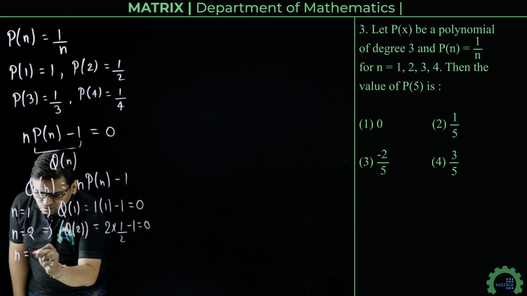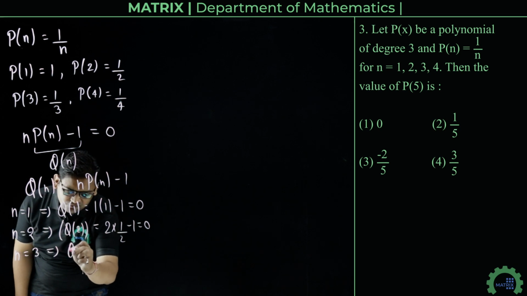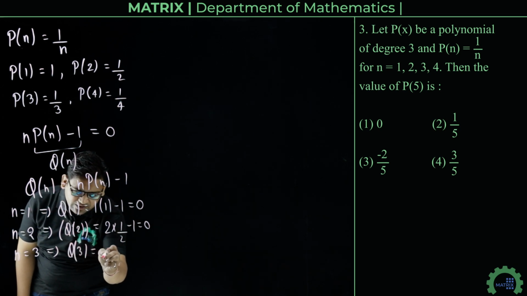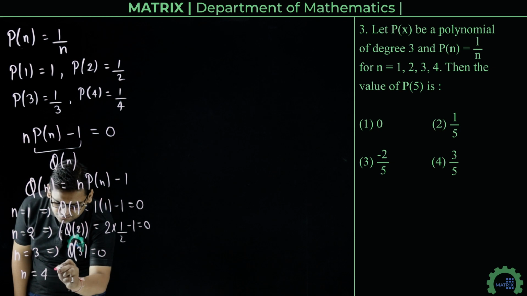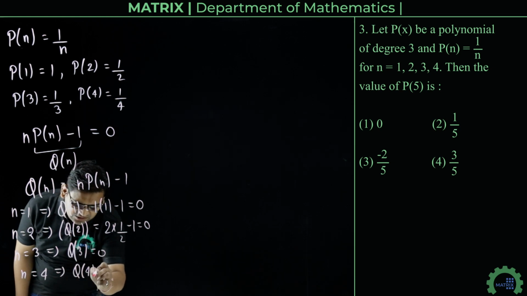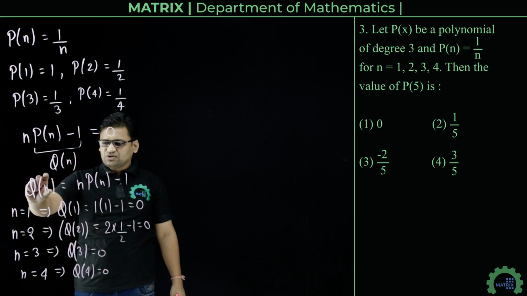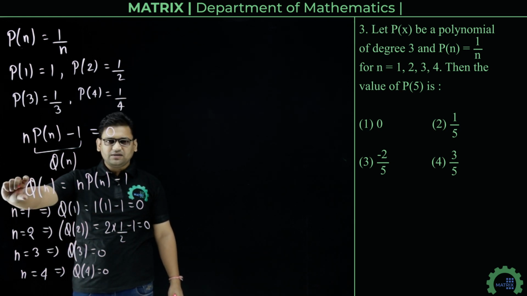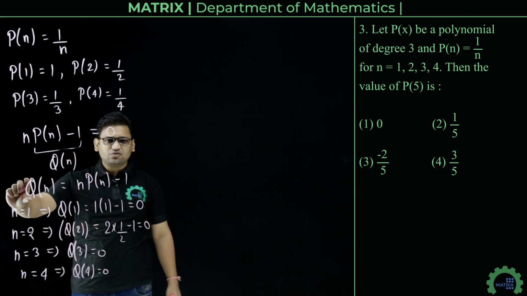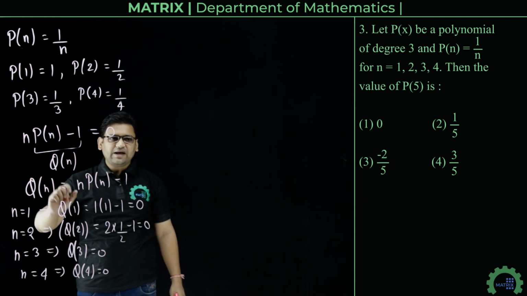Similarly, for n equals to 3, Q of 3 is 0, and for n equals to 4, Q of 4 is 0. So we can say that 1, 2, 3 and 4 are the zeros of this polynomial Q of n.